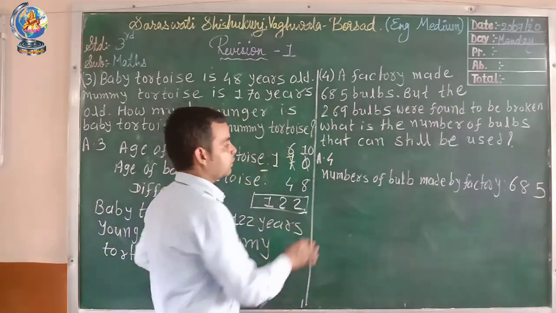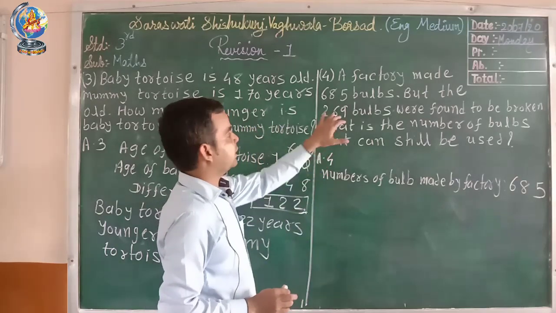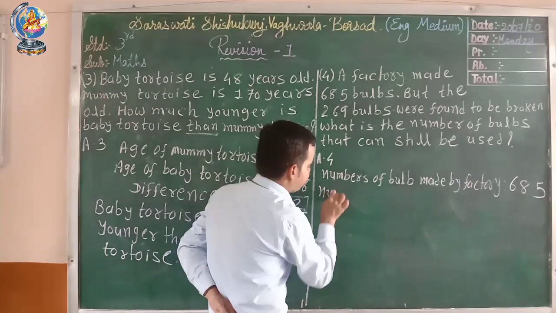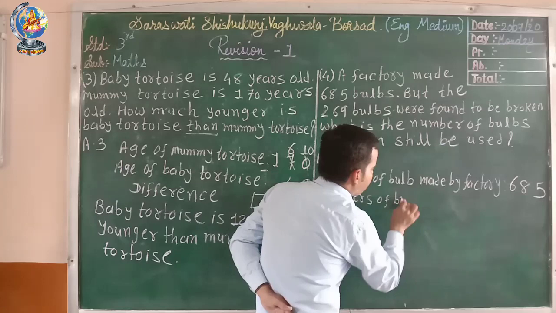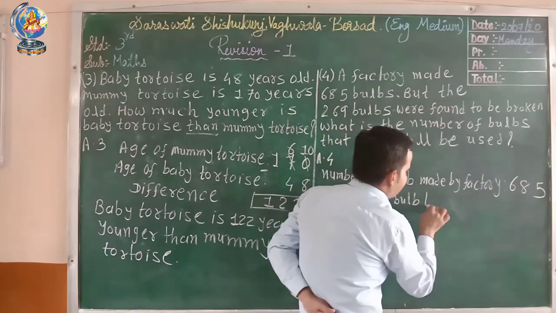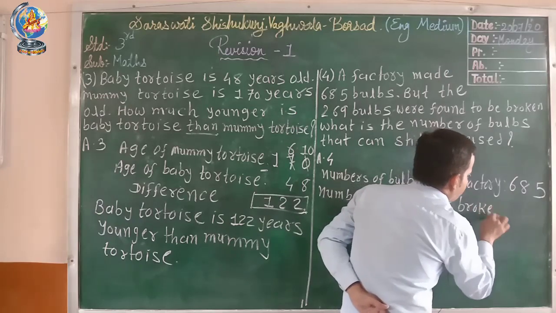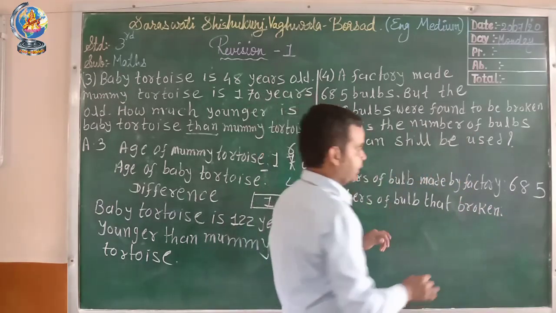Now we have to write what is given: the number of bulbs that were broken. So we can write number of bulbs that broke. Here you can see 269.